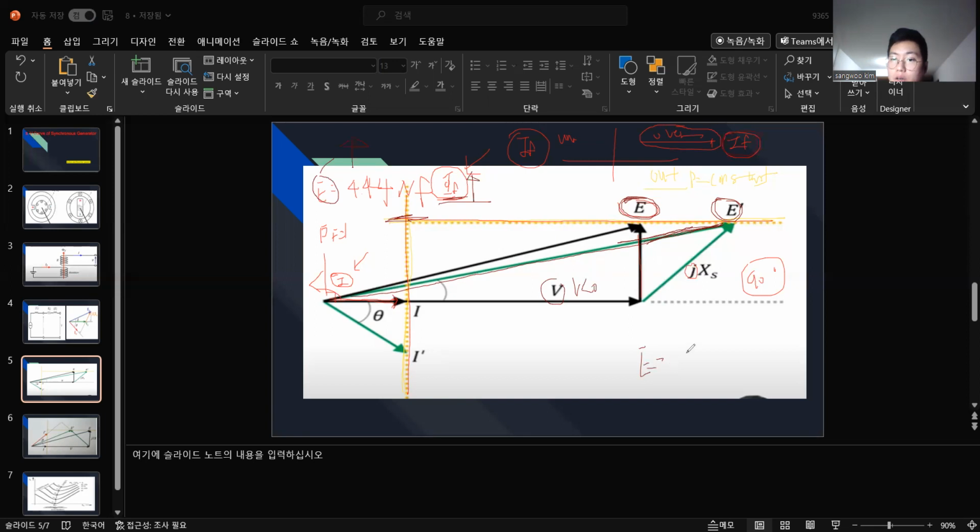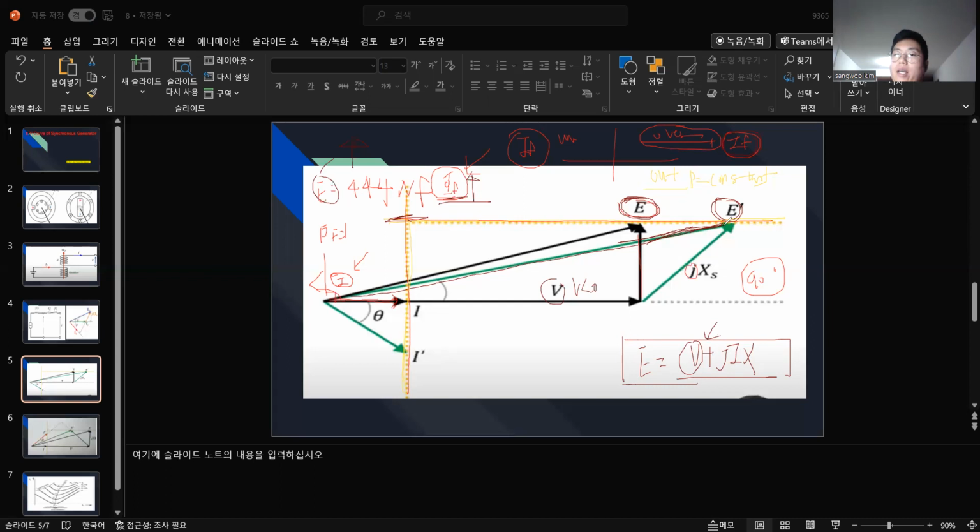E is equal to V plus I JX, right? So this is a reference, our output, right? So look at that.